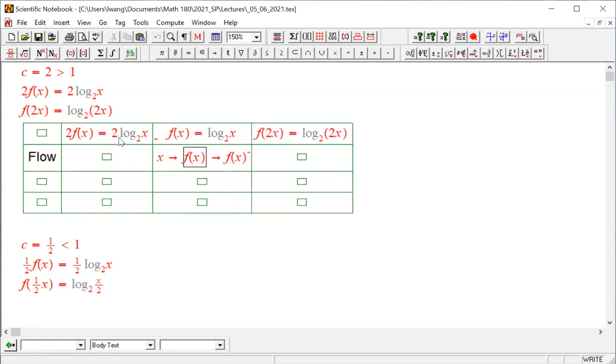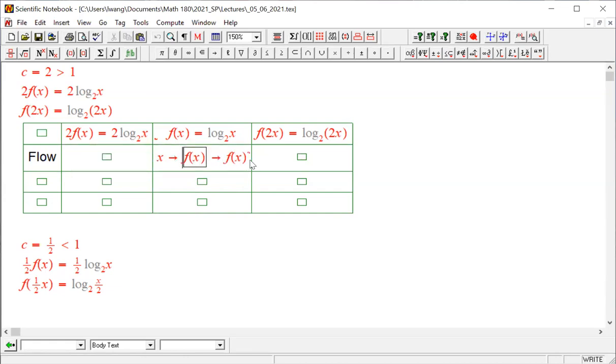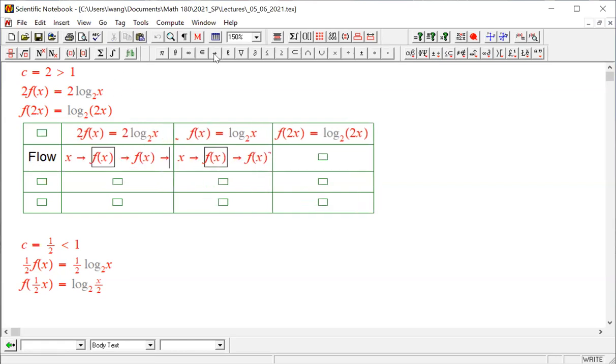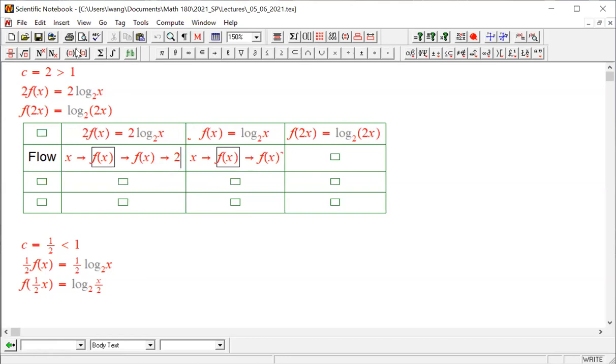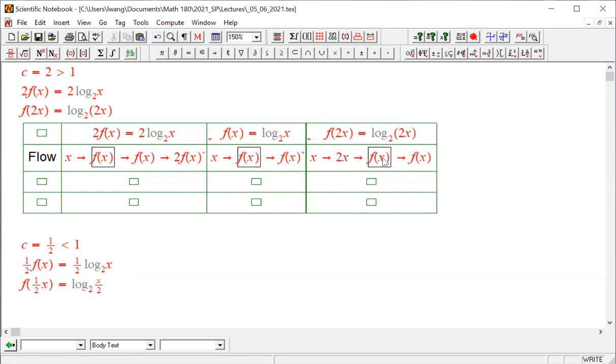And this one, however, we do the function, and then we double the outcome. That's the flow. And the other one, we double the input.